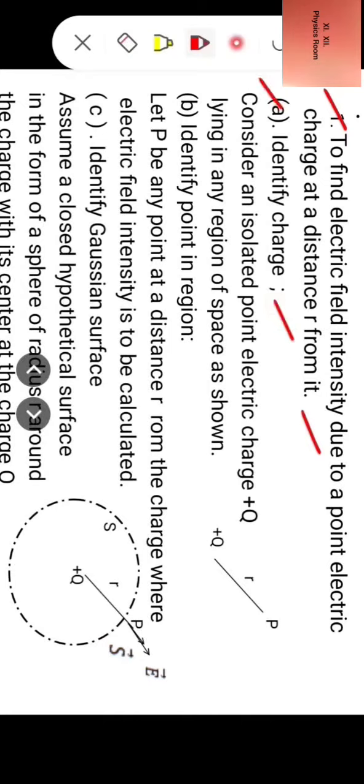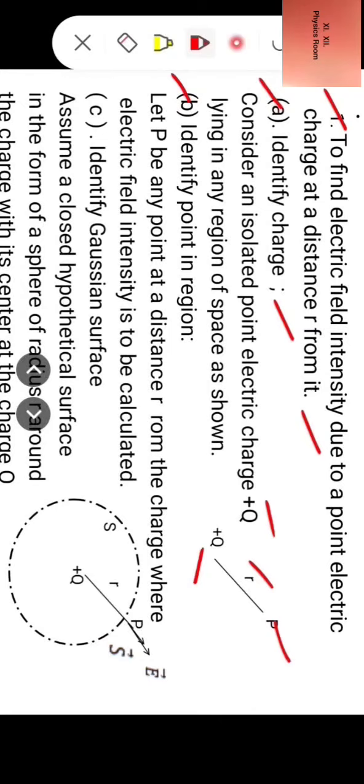Consider an isolated point electric charge plus Q lying in any region of space as shown in the diagram. B. Identify the point in the region. Let P be any point at a distance r from the charge where electric field intensity is to be calculated.